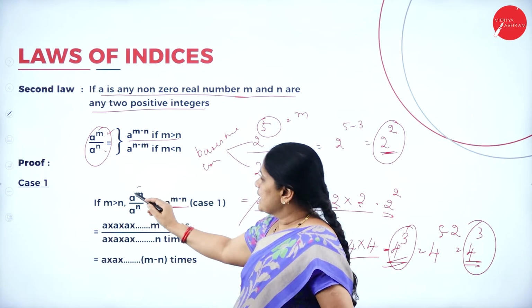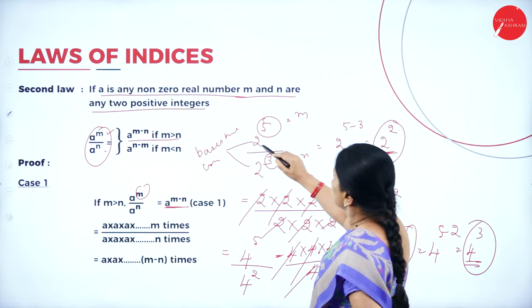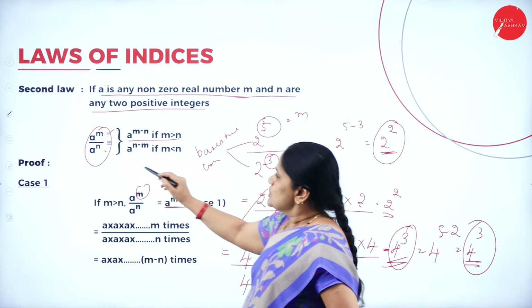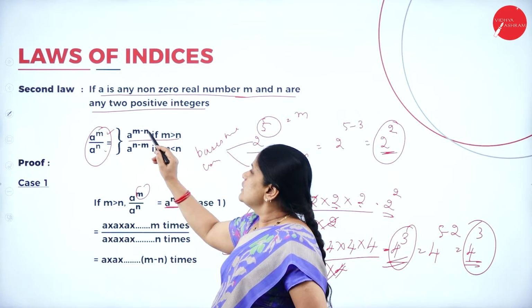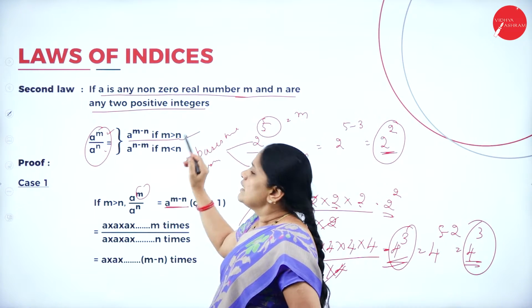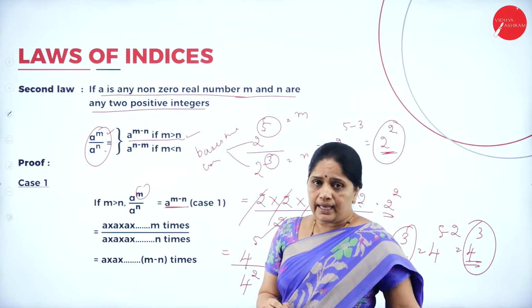So if m is greater than n, then this rule will apply: a to the power of m by a to the power of n equals a to the power of m minus n, if m is greater than n.